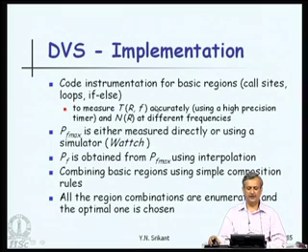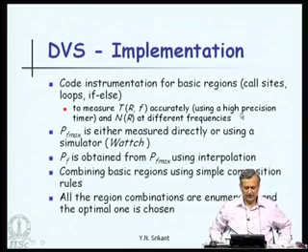How does one implement dynamic voltage scaling? So, there is going to be code instrumentation for very basic regions such as call sites, loops, if then else and so on and so forth, and the instrumentation measures the time T(r, f). So, assuming that the region is small, we require a very high precision timer.